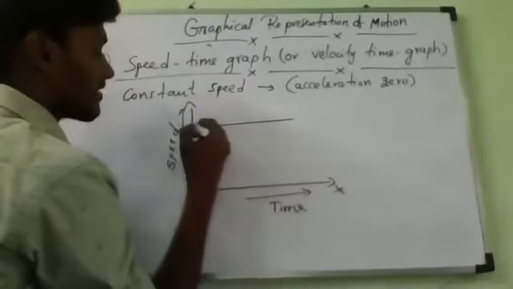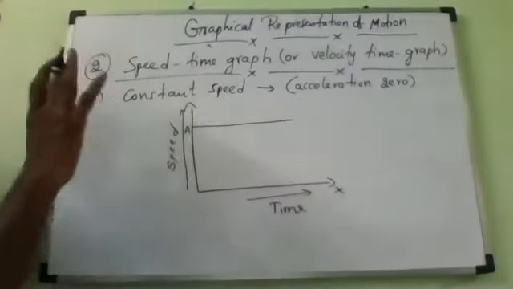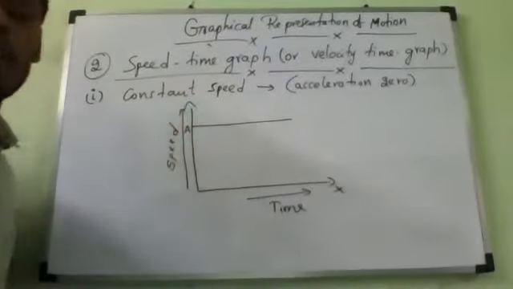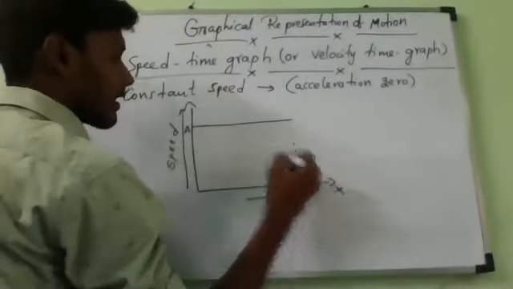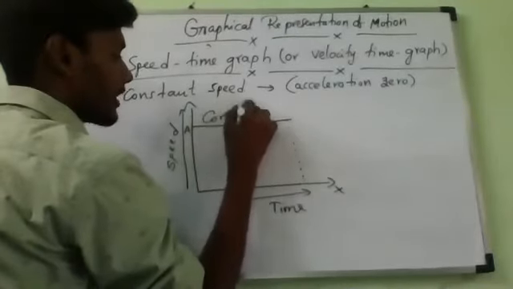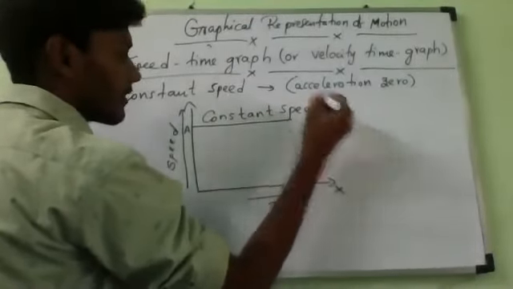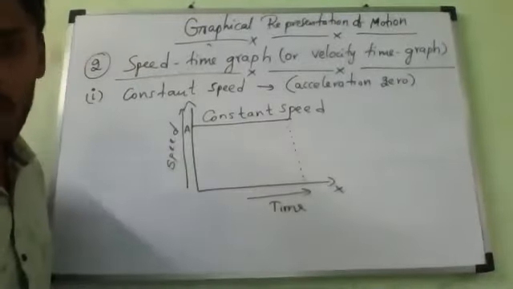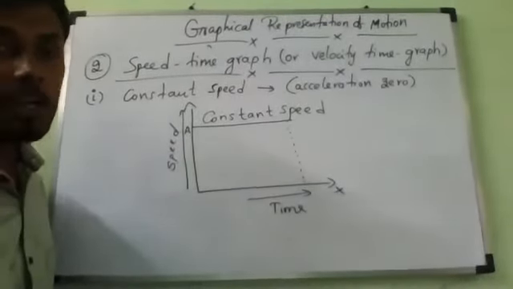But the body is traveling at constant speed, meaning the same 30 or 40, the same speed it is going. So this is the graph of constant speed.